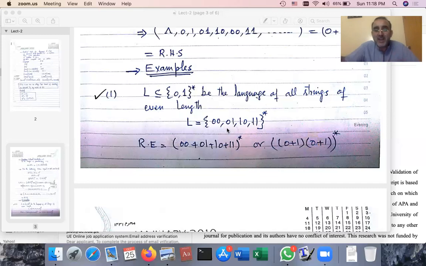So if I write 00, 01, 10 and 11, and then curly braces and a whole star, what I'm saying is that I am only giving you the strings with even length, and then I am giving you the clean star, which means all possible strings.